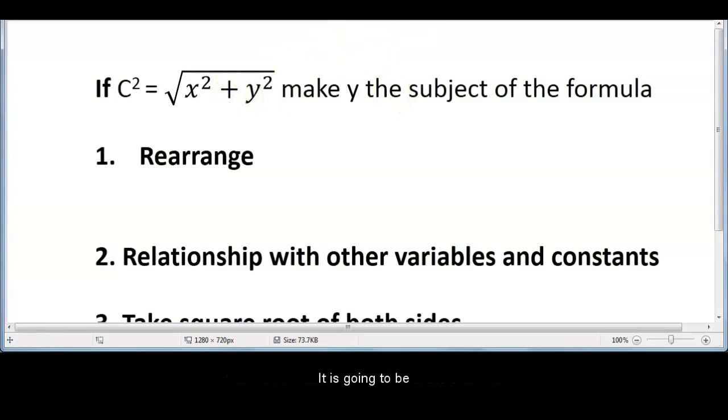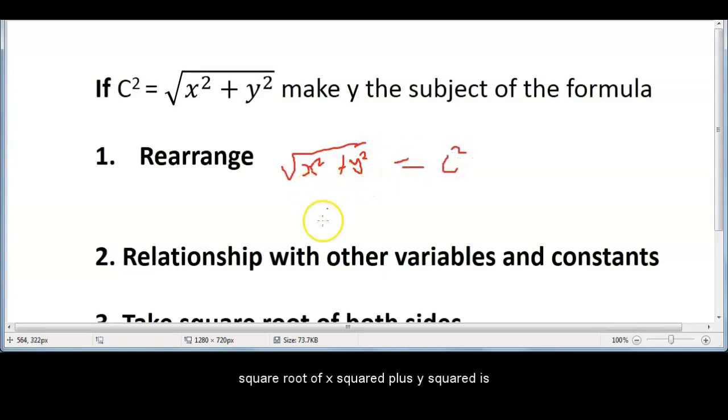So this is going to be square root of x square plus y square is equal to c square.